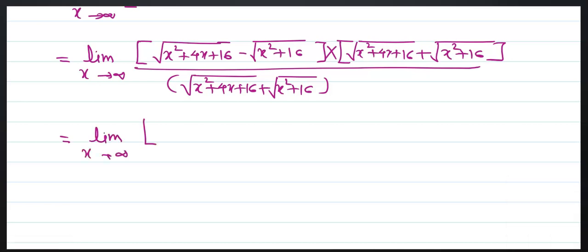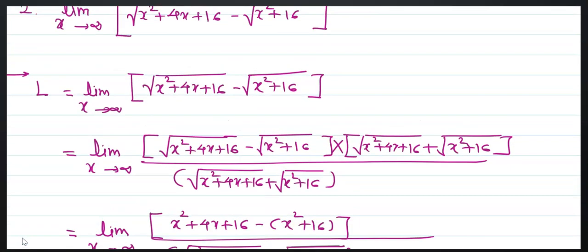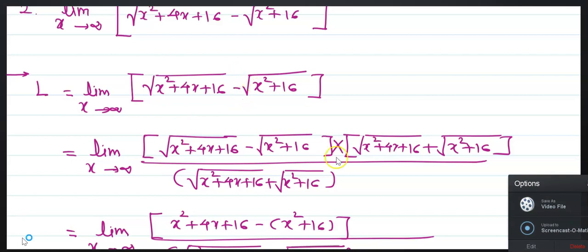Therefore, the root sign will get cancelled in the numerator, that is multiplied with the positive. Here the root sign gets cancelled. That is (√(x² + 4x + 16) − √(x² + 16)) into (√(x² + 4x + 16) + √(x² + 16)). That is (a − b) into (a + b), then you will get a² − b².